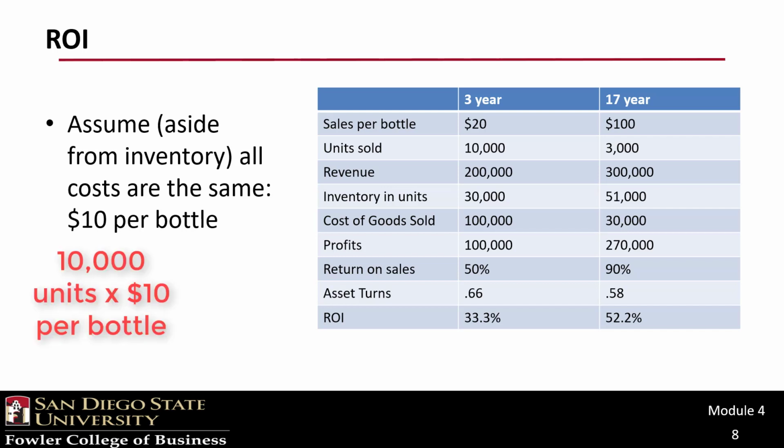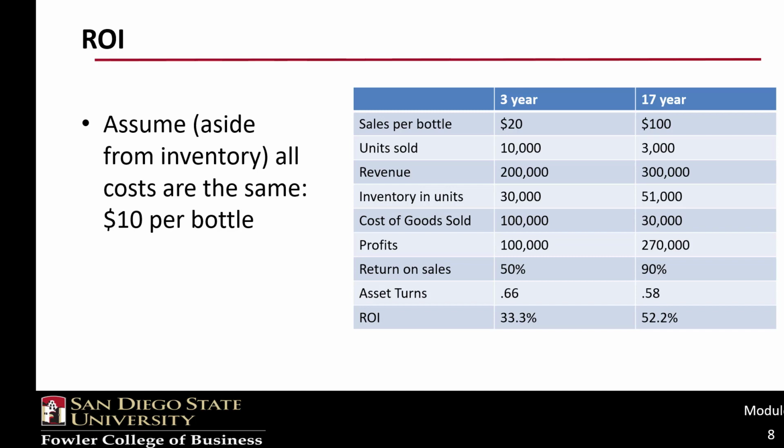That's the 10,000 units times the $10 cost per bottle, which means that this generates revenue minus cost of goods sold, or profits, or think of it as contribution margin, of 100,000. So that would imply the return on sales is 50%, right? So return on sales being the profit divided by sales.